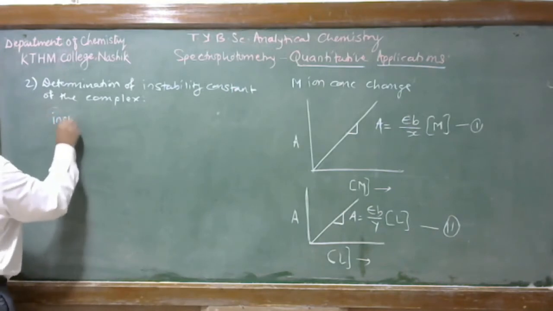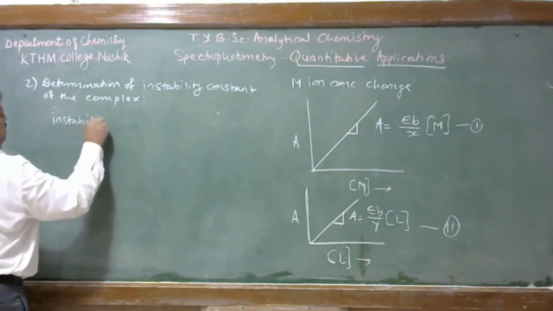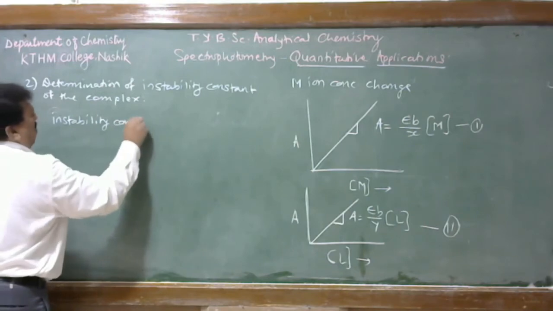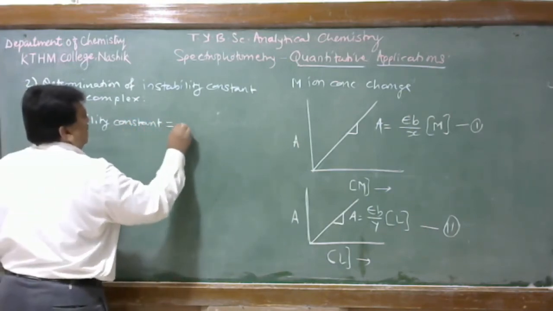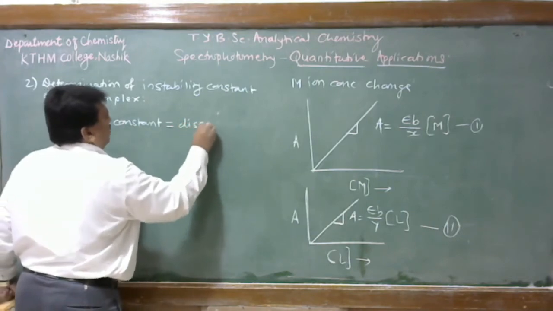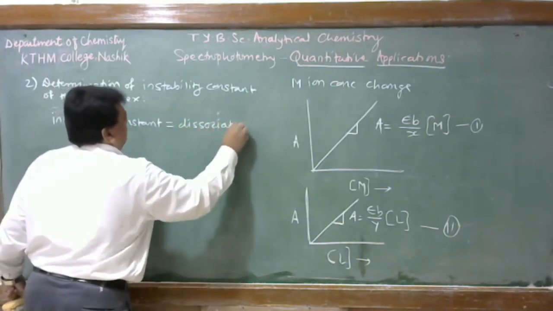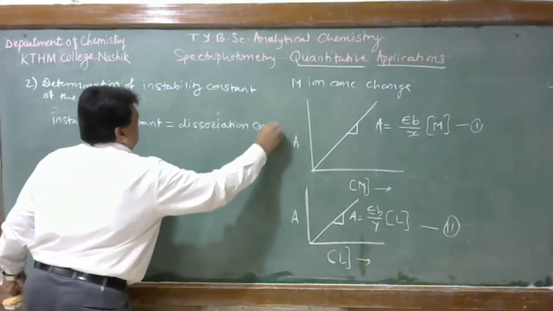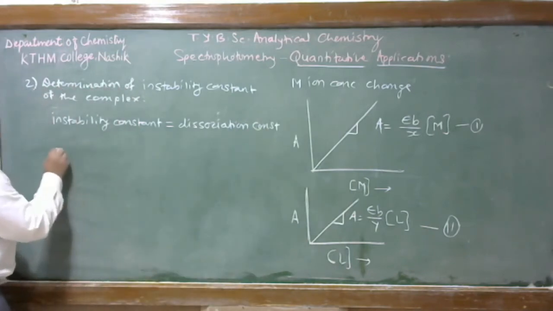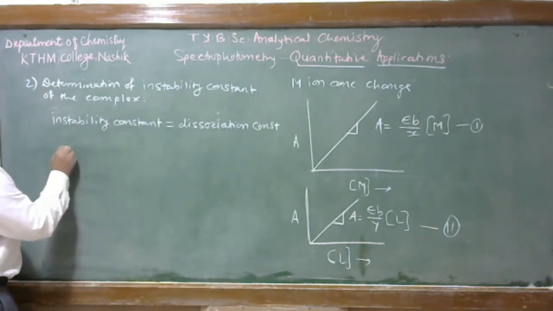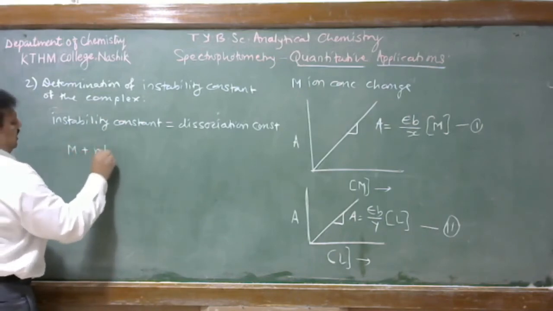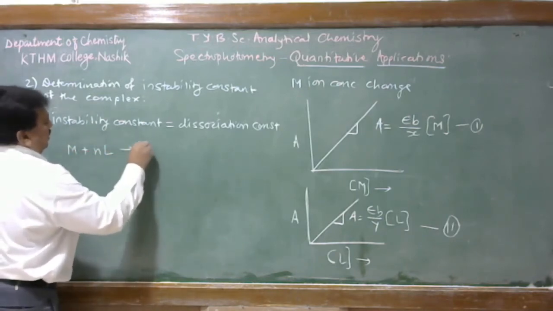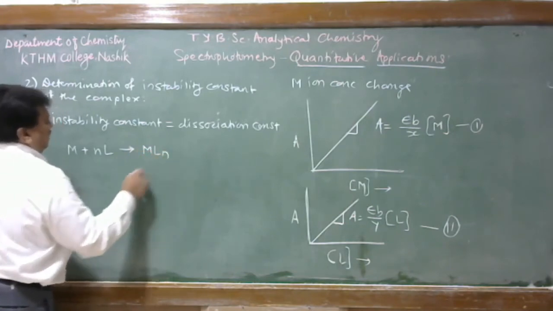Instability constant is exactly the reverse of stability constant, and it is also called the dissociation constant. Suppose, for example, when a particular complex is formed, M plus nL gives MLn.